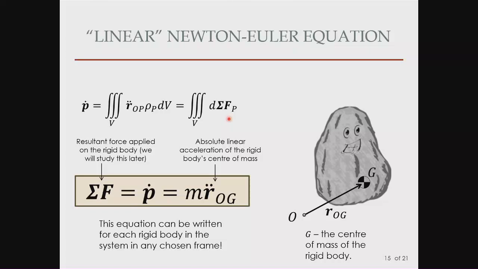You can look at it as a particle, since if it's small enough, it's like a particle. So let's look at the forces applied on this piece of volume dV. Now, there are external forces. I'll put them in blue.